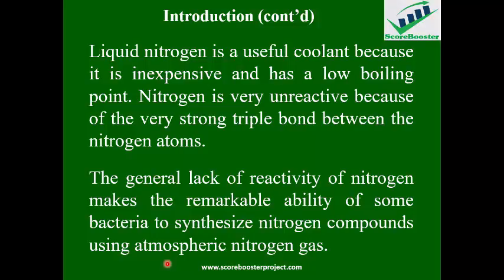That will result in a triple nitrogen bond. That particular bond is very strong, and it makes nitrogen unreactive. So those are the things that make nitrogen useful in nature and in industry.